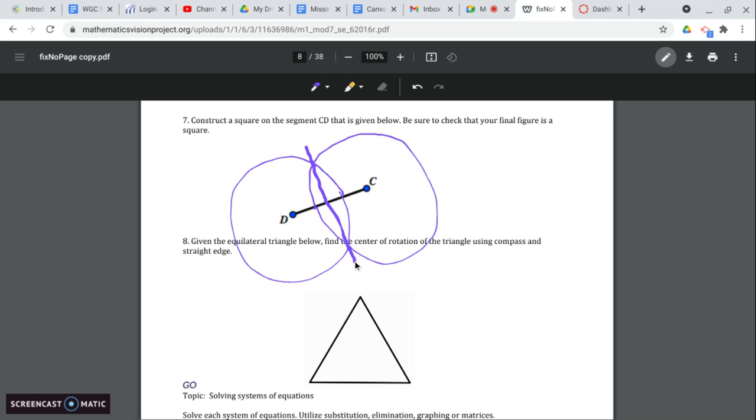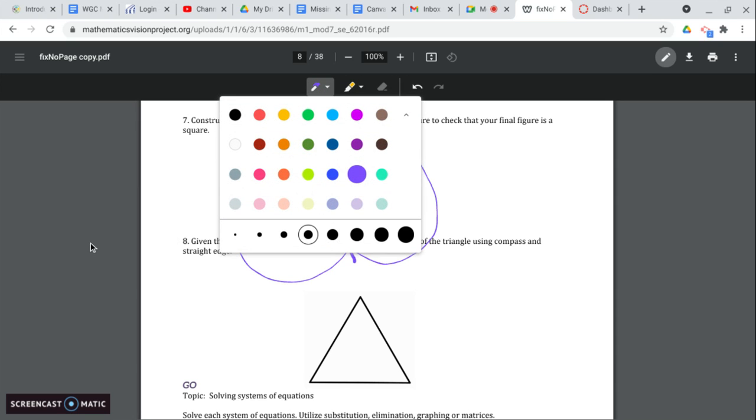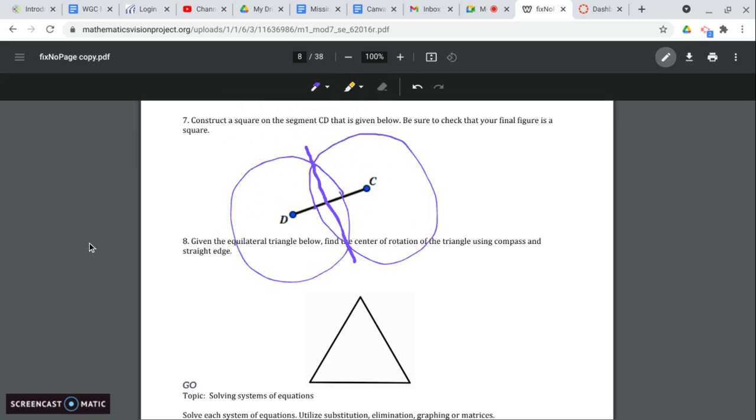Now we want to draw a circle that goes perfectly from C to D and goes through this intersecting point up here. So let me shrink this back down. So we're going to go just, oops, that was a little low.